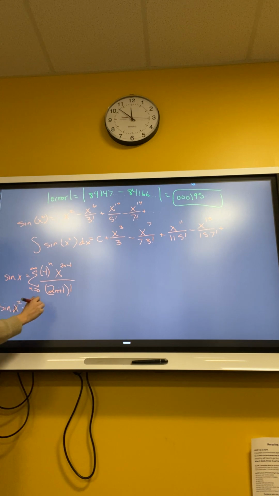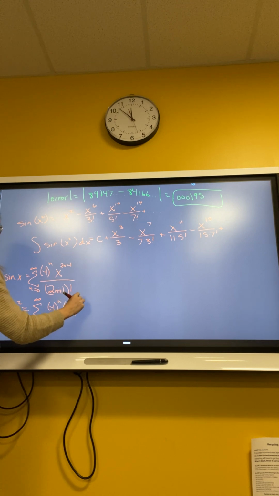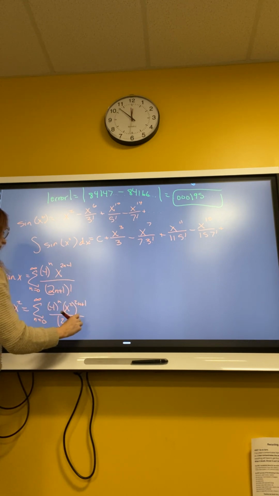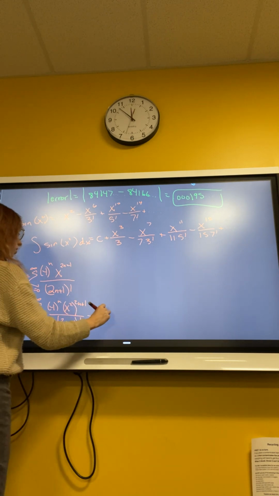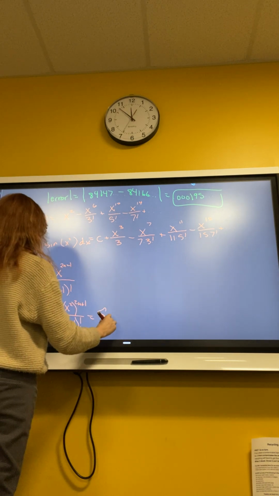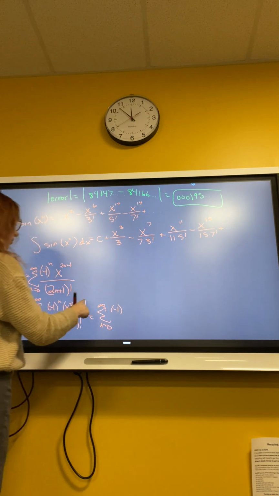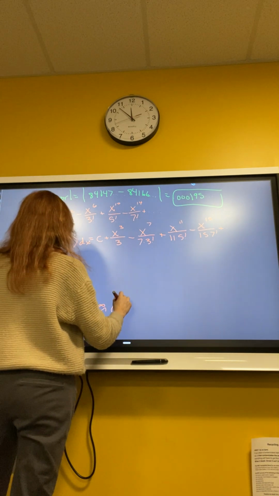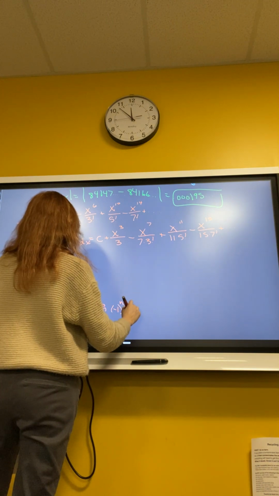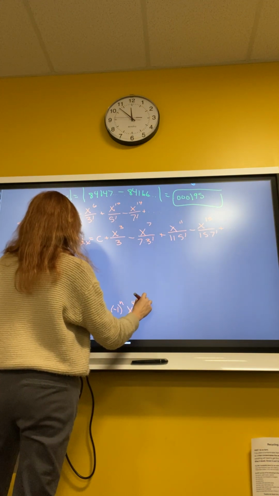Then the only thing that's different is I'm doing x squared to the 2n plus 1. I'm plugging in an x squared, right? Everything else stays the same. I could simplify this and distribute that 2. So that's x to the 4n plus 2.